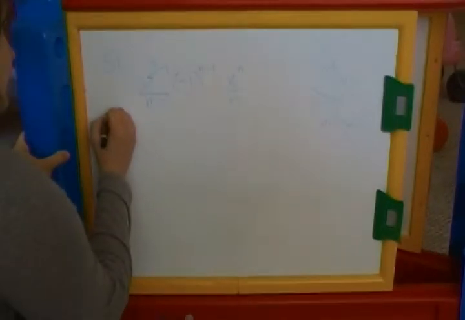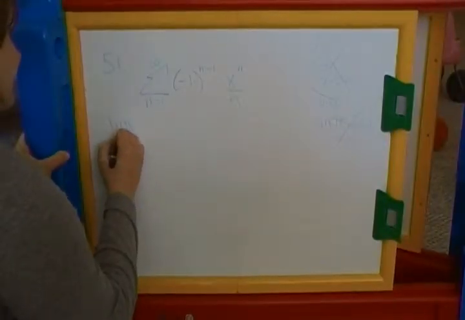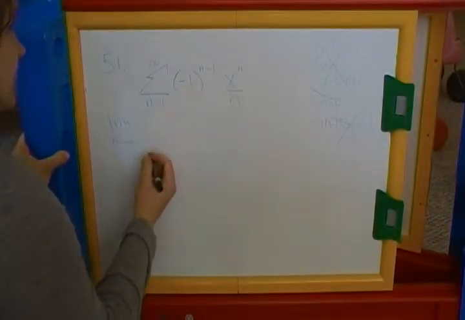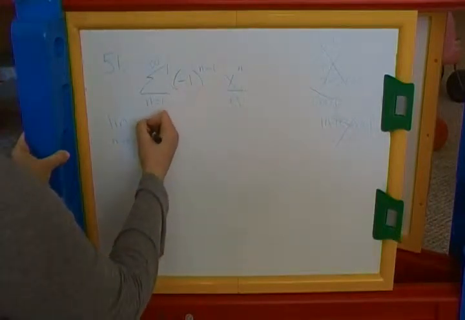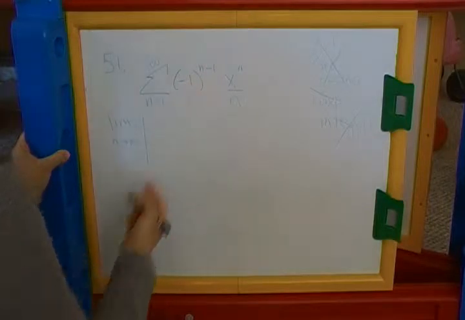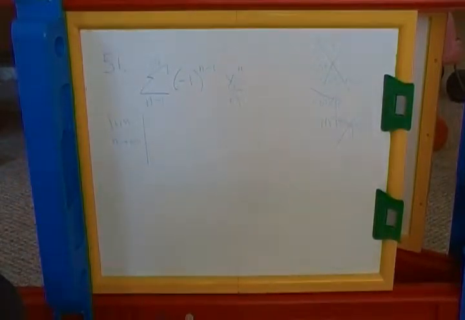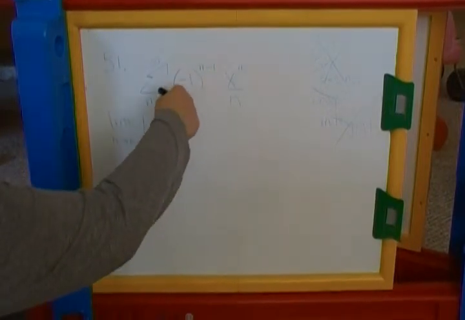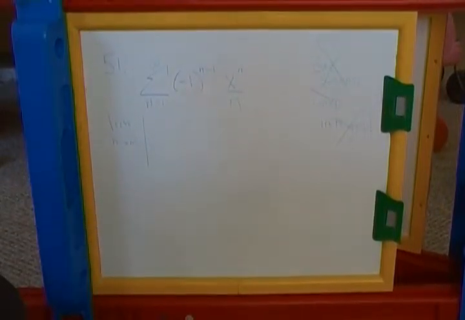So we're going to look at the limit as n goes to infinity. I'm literally just doing the ratio test here. I don't really even need to put the (-1)^(n-1) in here. We've talked about this in class before, because once I put it in absolute values, it's going to be gone.